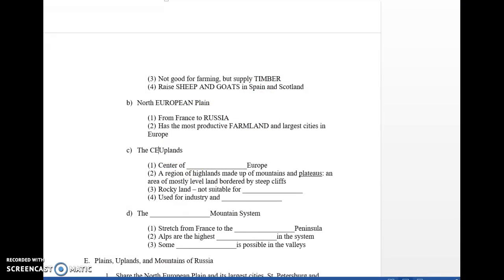The Central Uplands is the next section. So the Central Uplands are a region of highlands. They're made of mountains and plateaus. They are in the center of southern Europe. They're really rocky land. They're not suitable for farmland, although there is some farming done down in the valleys of the mountains.